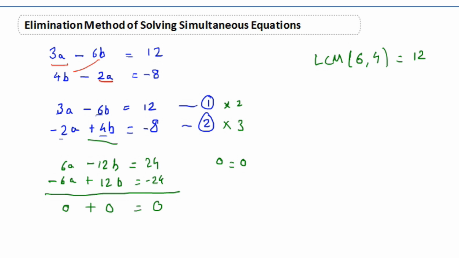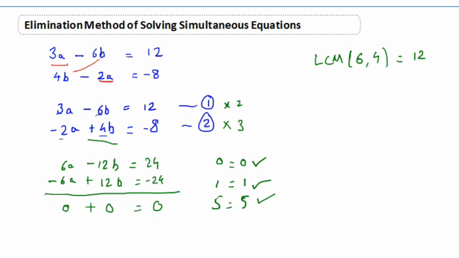Now that doesn't give me any solution, that doesn't give me the value of a, that doesn't give me the value of b. So what do we do? Well, as I explained in the last video, there's nothing to worry about, because whenever we get a number like this where 0 is equal to 0, or say 1 is equal to 1, or say 5 is equal to 5, or any number which is equal to the number, and the equation that we get is true, it's true in all these three cases.